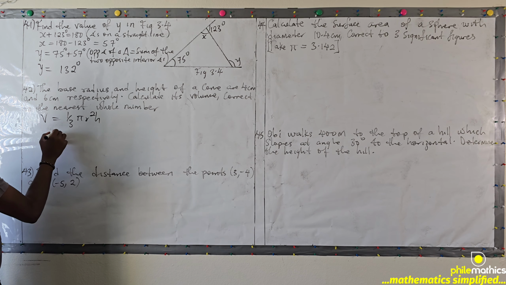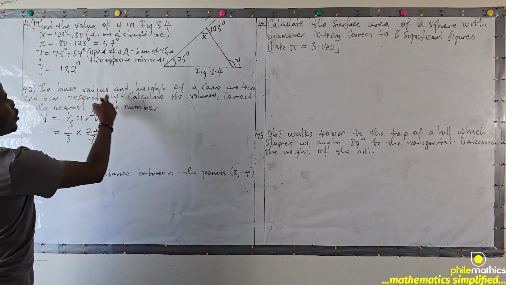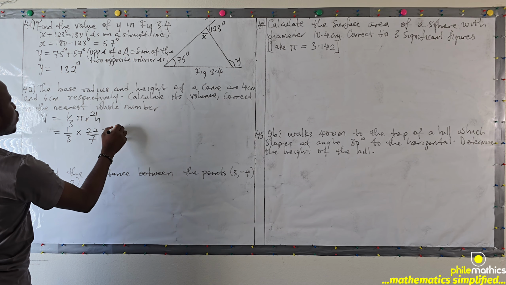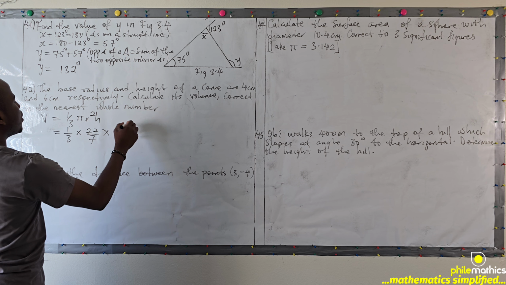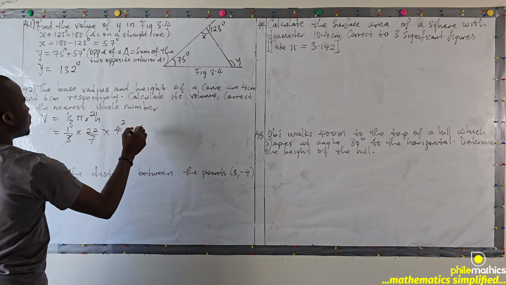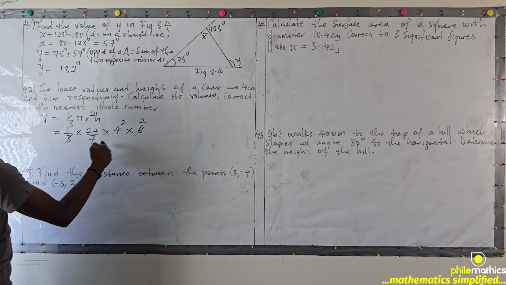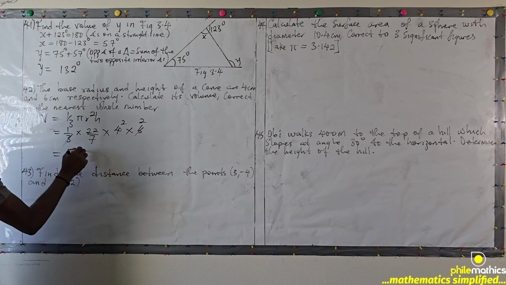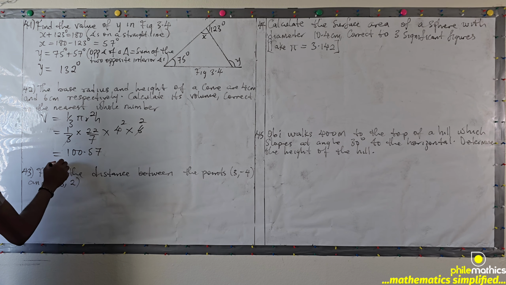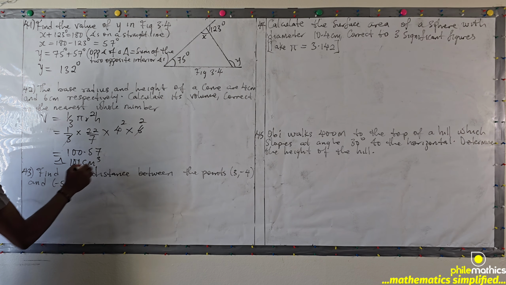So this is 1/3 times 22/7, radius is 4 cm squared, and height is 6. 3 can go into 6 2 times. If we multiply this on a calculator, we'll get 100.57, and to the nearest whole number it is 100. Since this is 5 and above, we round it up, and the unit is 1 centimeter cube.